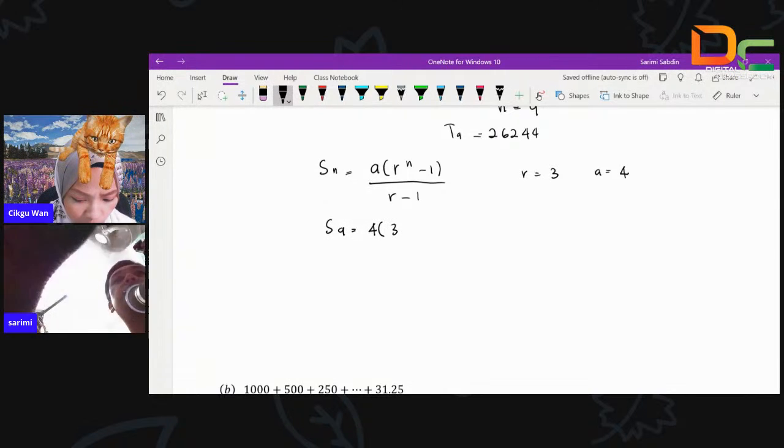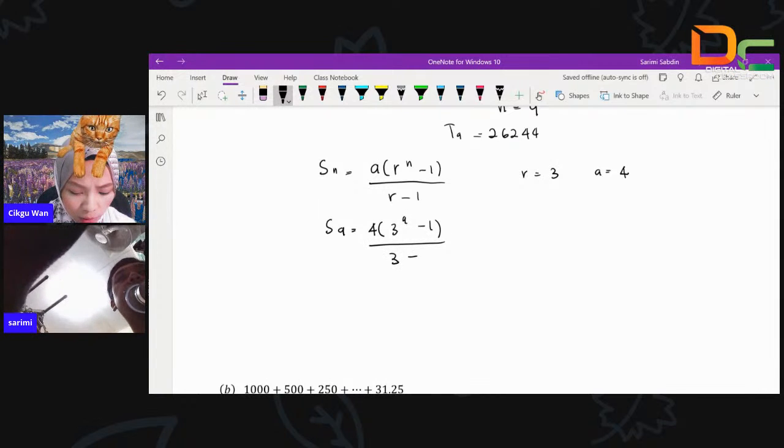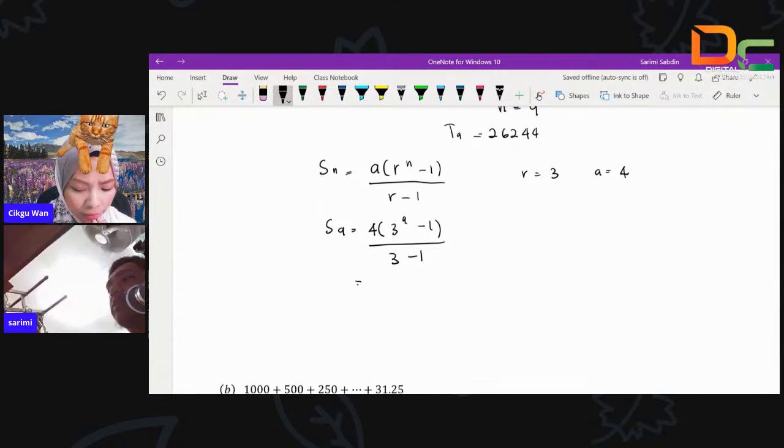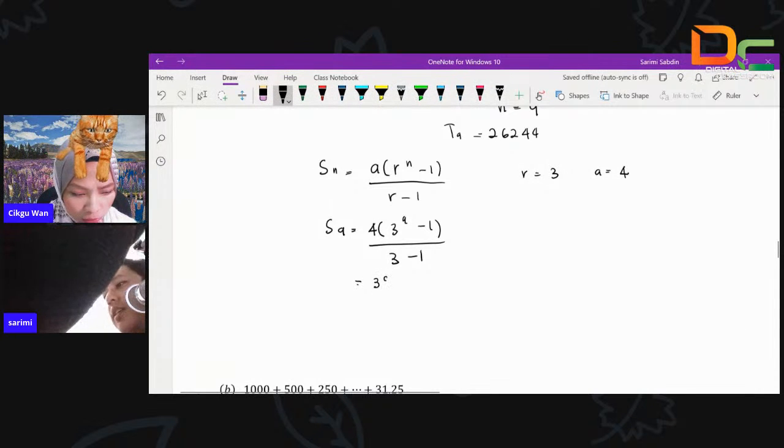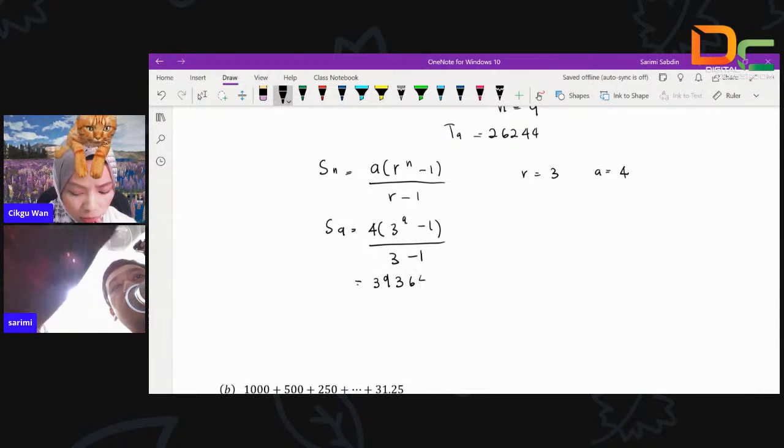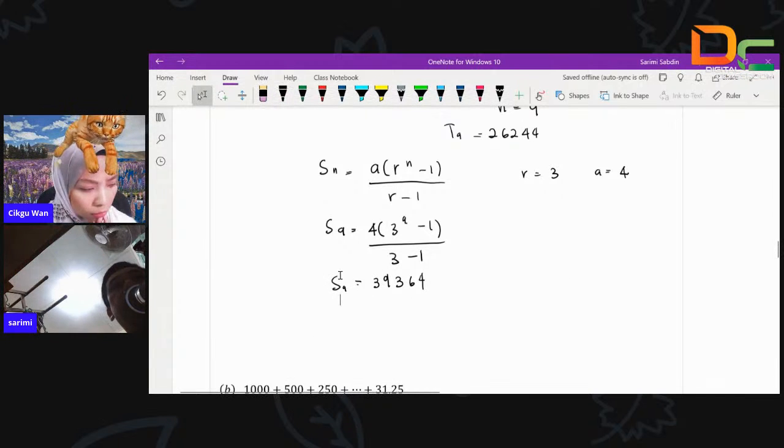So we want to find S9. S9 is equal to 4 times 3 to the power of 9 minus 1 over 3 minus 1. Just put this value in the calculator, we get 39364. So the sum of the first 9 terms is 39,364.